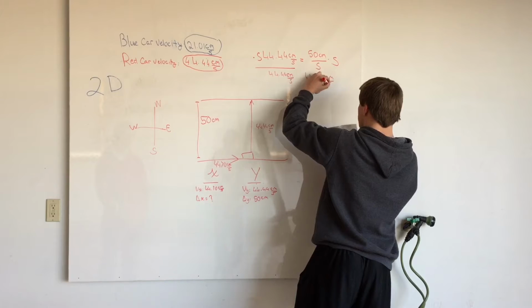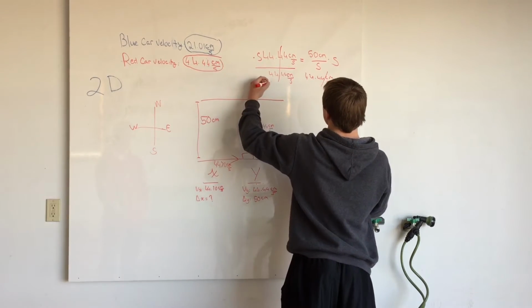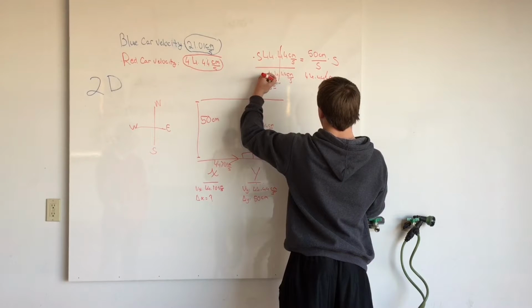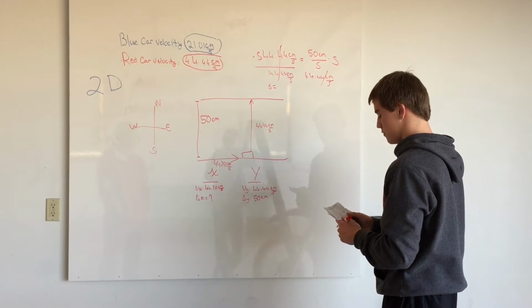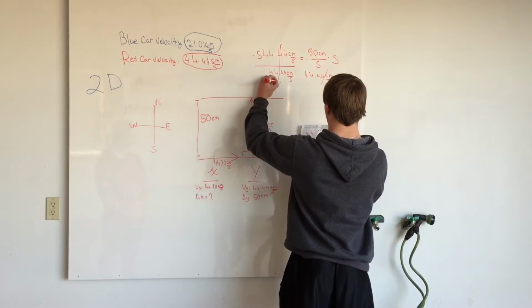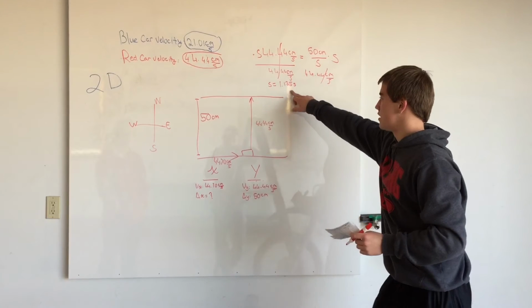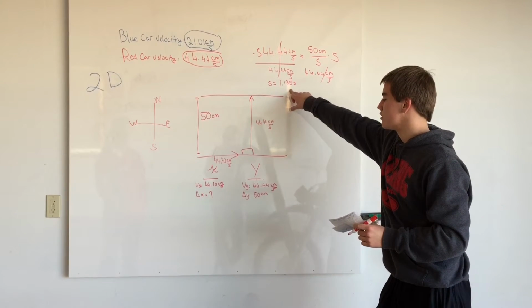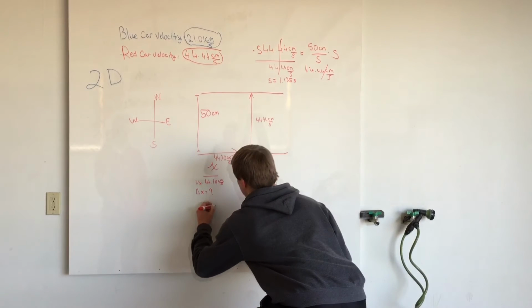The units cancel out, so seconds equals 50 divided by 44.44, which equals 1.125 seconds. This is how long it took to get across the treadmill. That's our time, so we're going to put this down here.